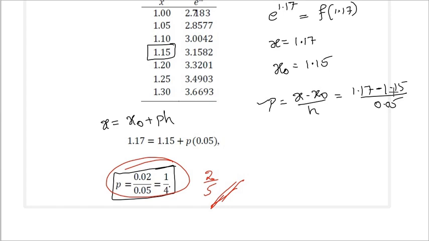So these are the Gauss forward and backward formulas, the central difference formulas. Let us stop it here.